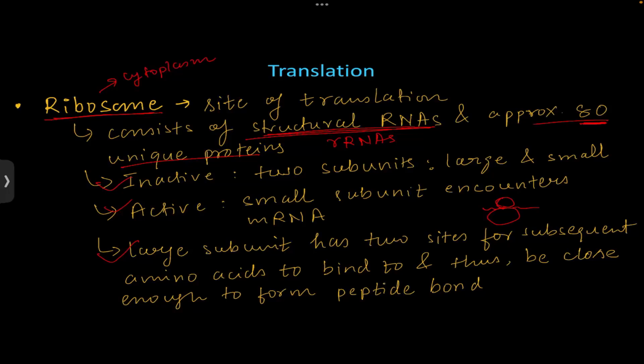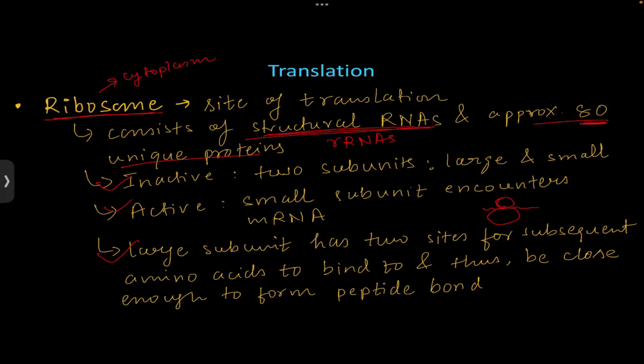Another site is vacant, so in that site, another tRNA molecule can now come, say carrying another amino acid, say serine. Now these two amino acids need to be in close contact with each other for formation of the peptide bond. So that is why the two sites in the large subunit are helpful here. It allows this contact between these amino acids.